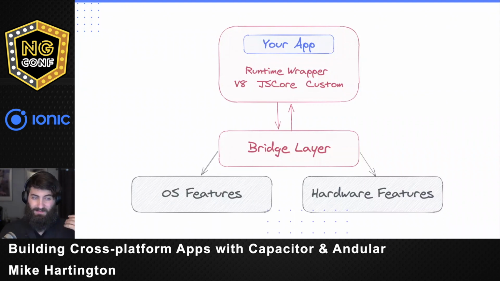But typically there is this renderer or runtime wrapper, this bridge layer, and then this communication channel between OS level features, hardware features, and this kind of pub sub architecture where they would make calls from your app to the wrapper, to the bridge, and then serialize them back. So it's a very, very simplified overview, but it's a pretty similar approach across the board.